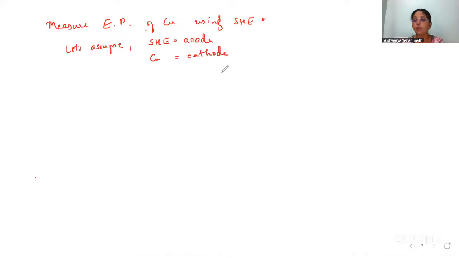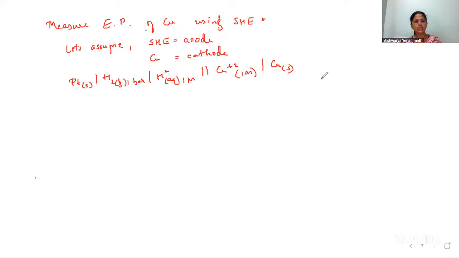So how do you represent this cell? So cell is represented like this. Platinum in solid form, bar H2 gas, 1 bar pressure, bar H plus, aqueous, 1 molar concentration, the double bar Cu plus 2 in 1 molar concentration, bar Cu solid. Fine. This is the cell representation.